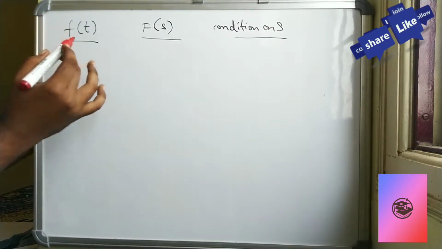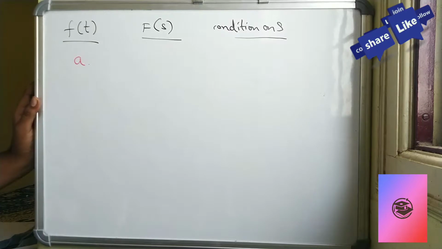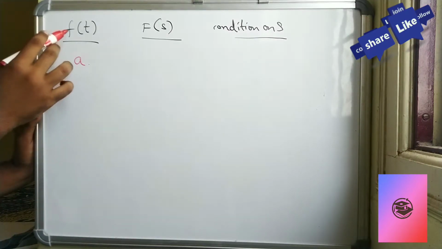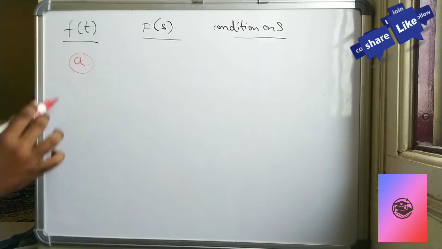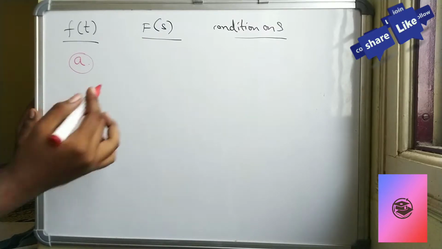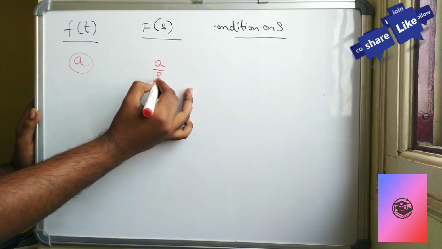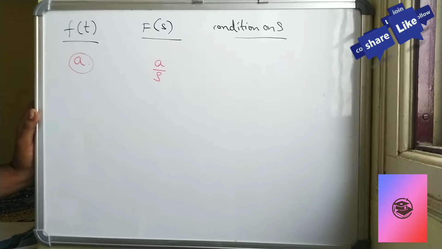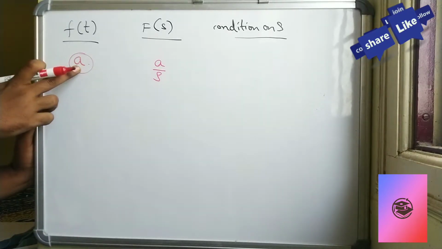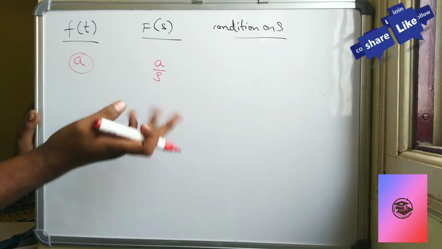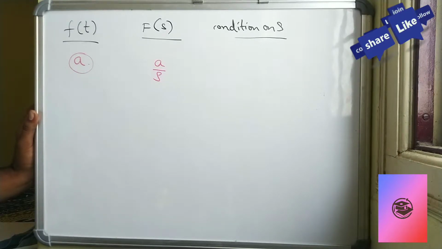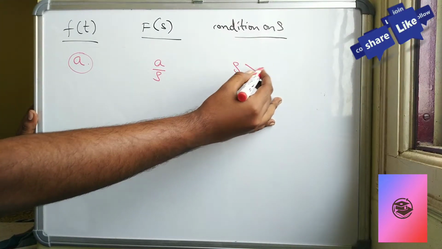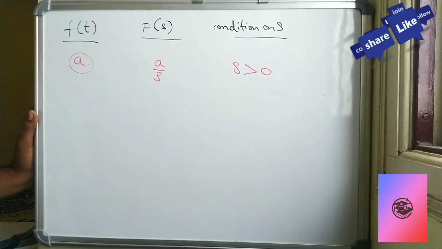First we'll take a constant value. The Laplace transform of a constant a is nothing but a by s, where a is this value only and s is a variable. The condition on s is that s should be greater than 0.